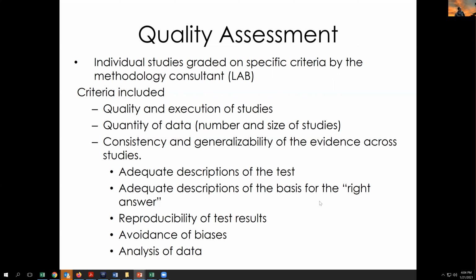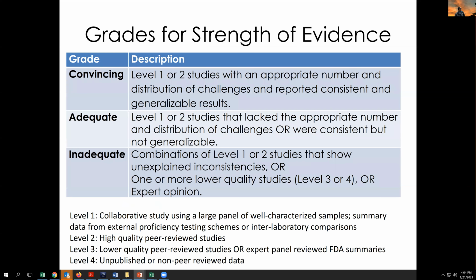Were those the basis for the right answer? Were these test results reproducible? Was there any evidence of bias or other sorts of things? And was the data analyzed properly? Based on this, the strength of evidence was graded into 3 categories: convincing, adequate, or inadequate.